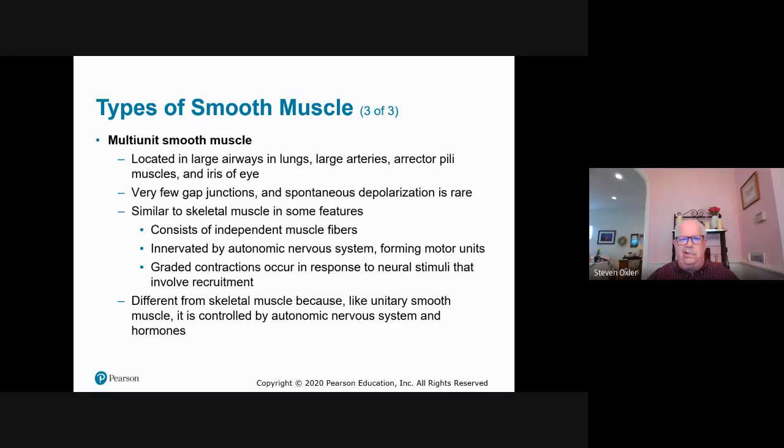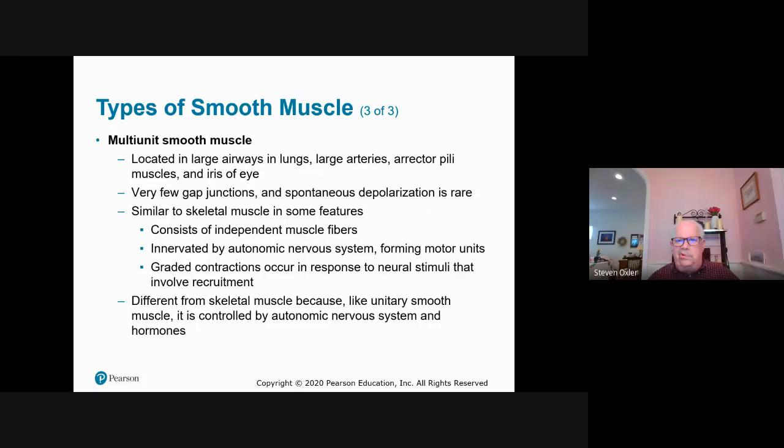Multi-unit smooth muscles are in certain places. They are located in the airways of your lung, in large arteries like the aorta. The muscles that control the hairs on your arm, those are known as arrector pili muscles. And the muscle of the eye, which is the iris.